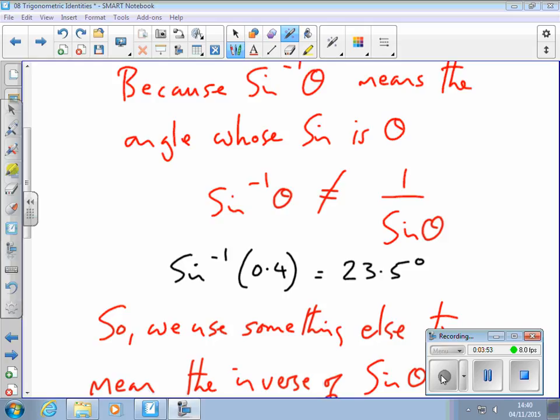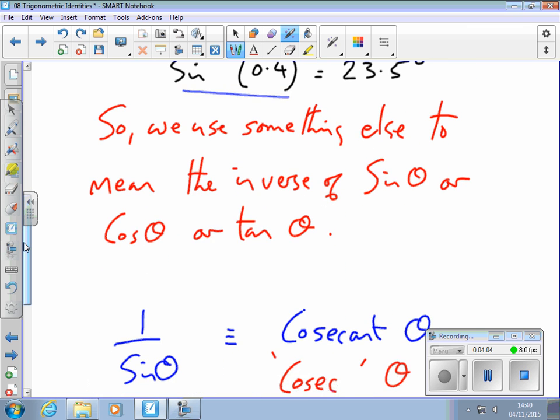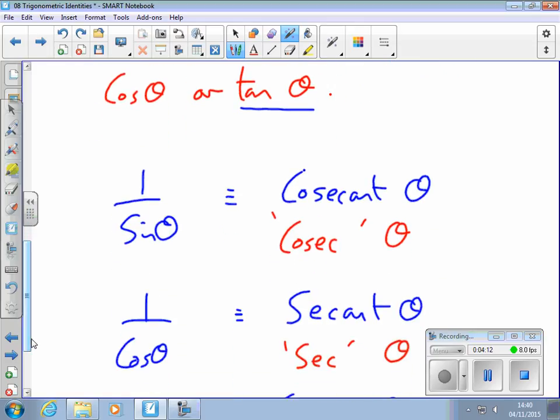But the inverse sine means the angle whose sine is, say, 0.4. So we need something else to represent 1 over sine, or 1 over cos, or 1 over tan theta. And so the first thing we need to understand about these new identities is that 1 over sine theta is equivalent to, that means it's defined as, the cosecant of theta, or cosec.